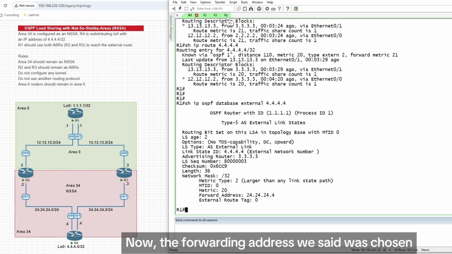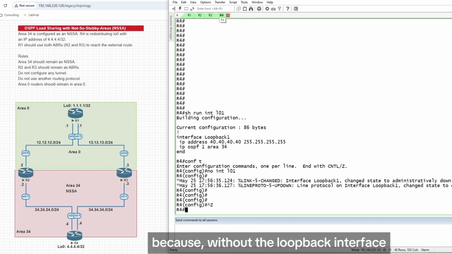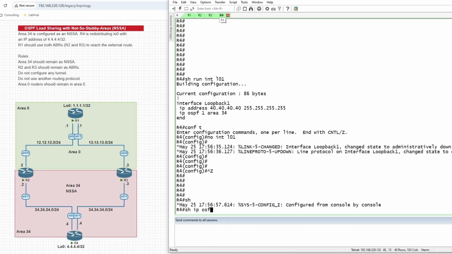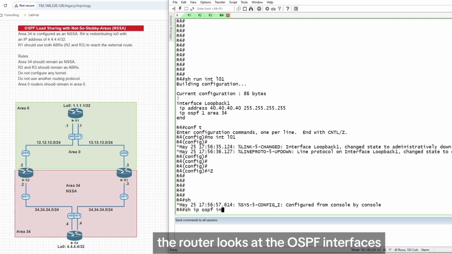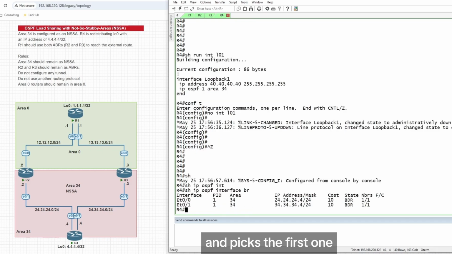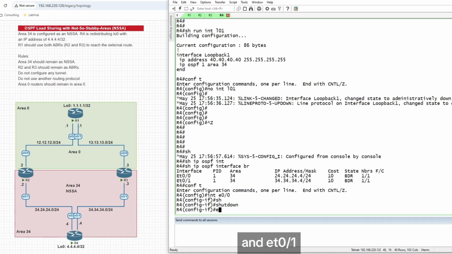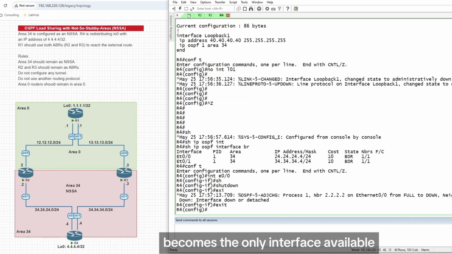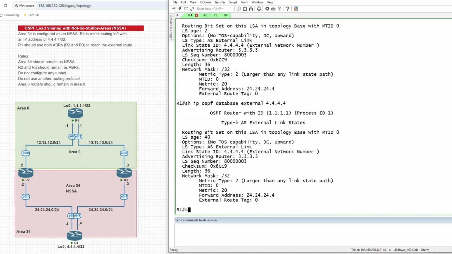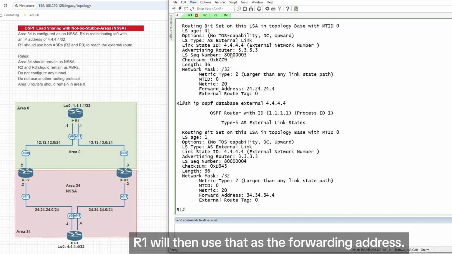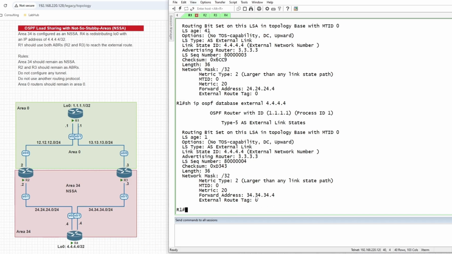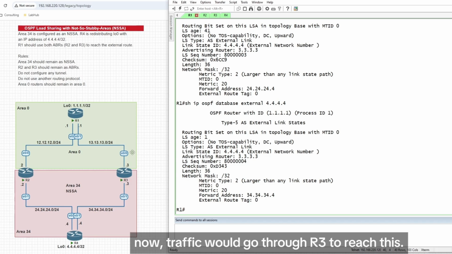Now, the forwarding address we said was chosen because without the loopback interface, the router looks at the OSPF interfaces and picks the first one, which means if we go and shut Ethernet 0/0 right now, and Ethernet 0/1 becomes the only interface available, R1 will then use that as the forwarding address. Because we have this forwarding address now, traffic would go through R3 to reach this.